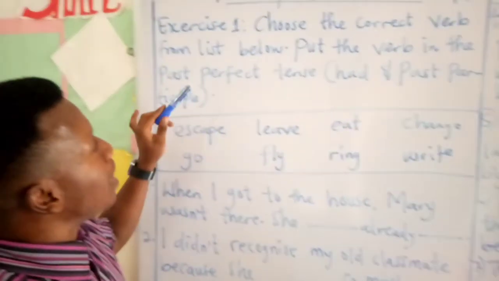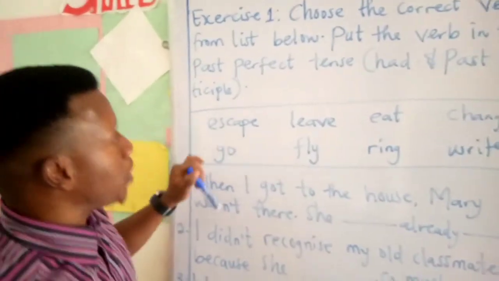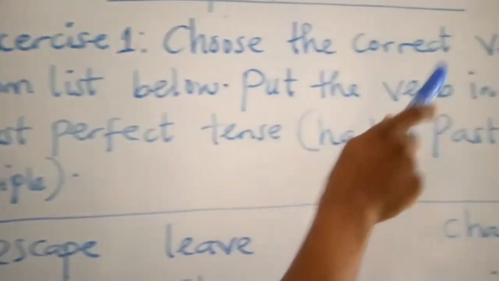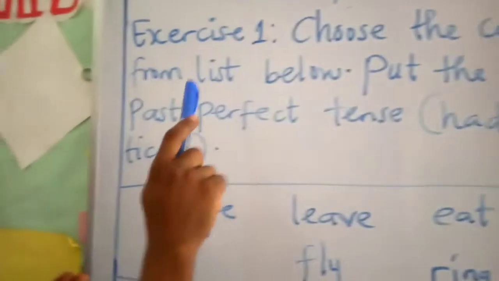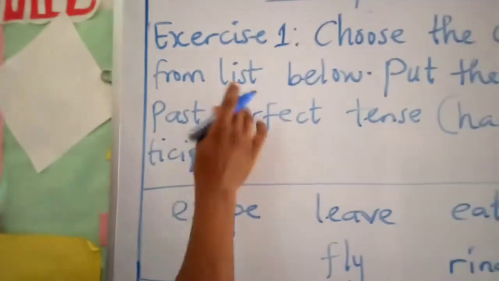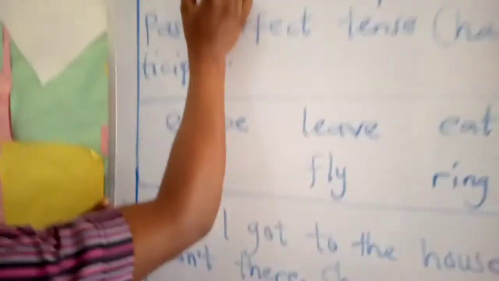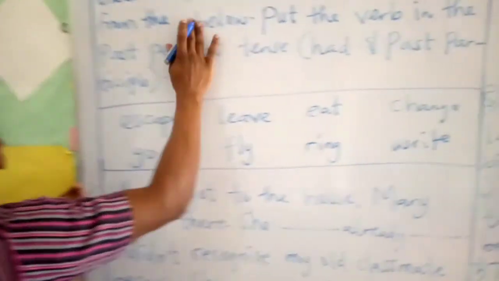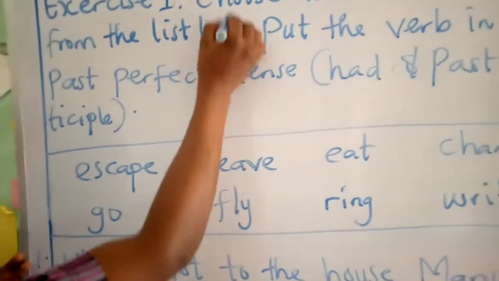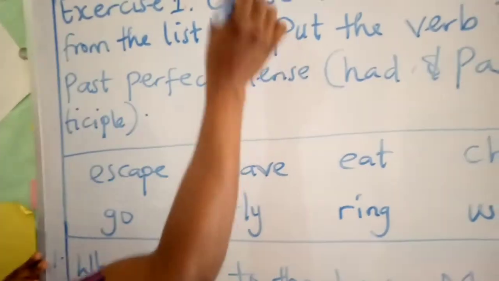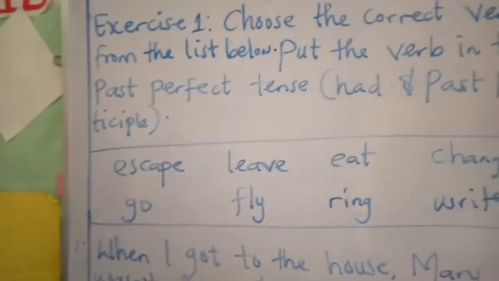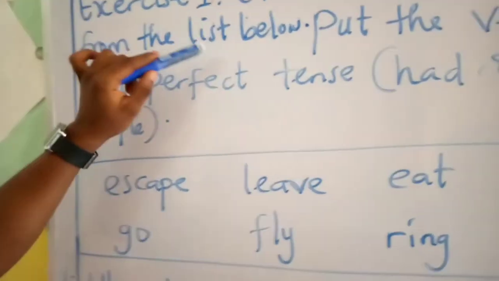Alright, I have an exercise on the board here. We are asked now to choose the correct verb from the list below.